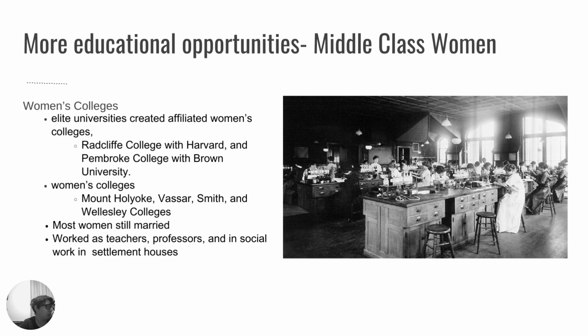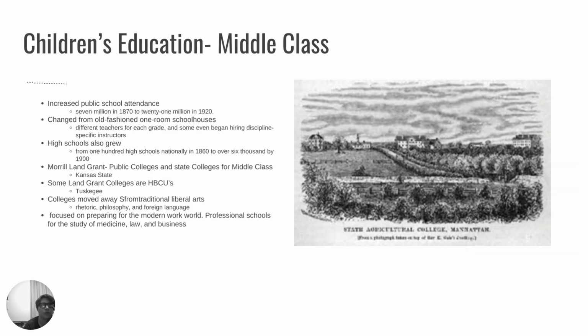Most women who go to these universities are going to get married, but they are also going to work as teachers, professors, and many of them who worked in what we looked at before, these settlement houses, went to women's colleges for their education in social work. Some of this is tied in with the cult of domesticity because women are in charge of caring professions. These are seen as within their spheres.